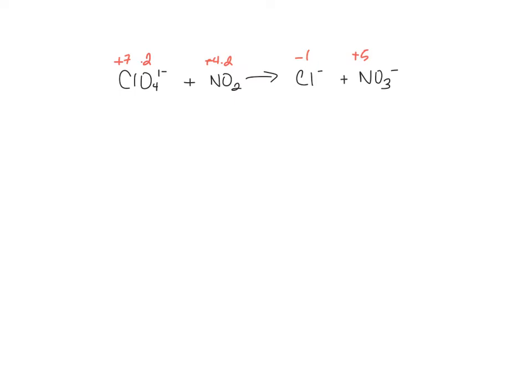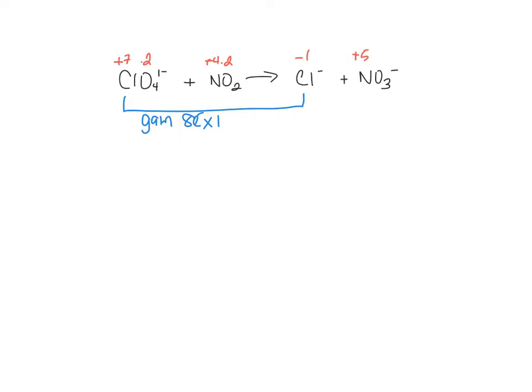So what we're going to do is, chlorine has a change here. The subscripts are both 1 on both sides. So we go from +7 to -1. So we gained 8 electrons, and there's a subscript of 1, so this is times 1.